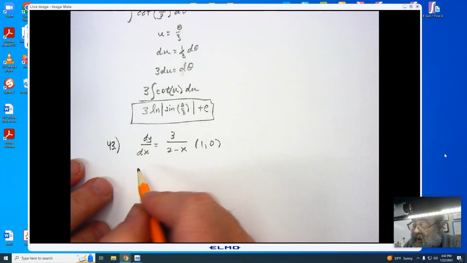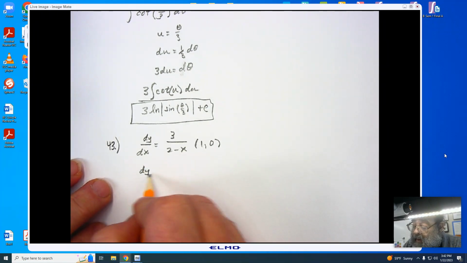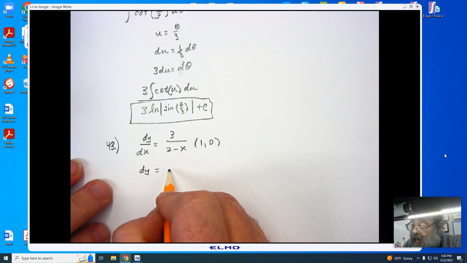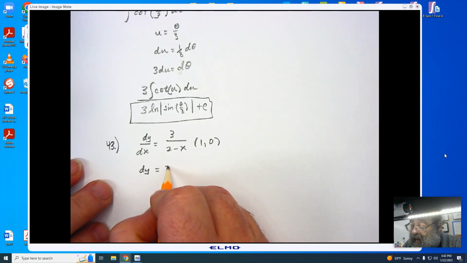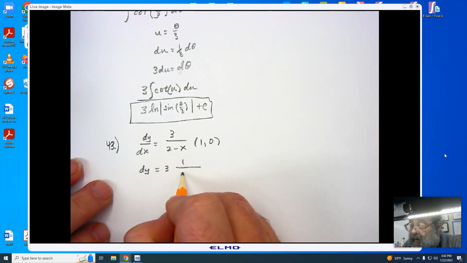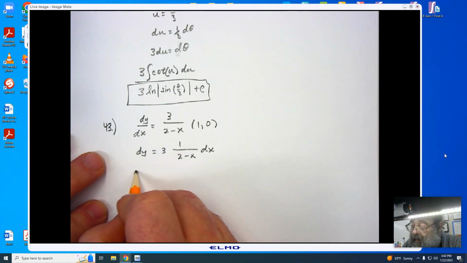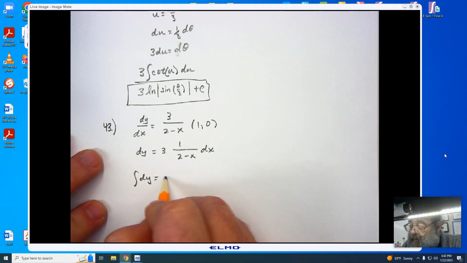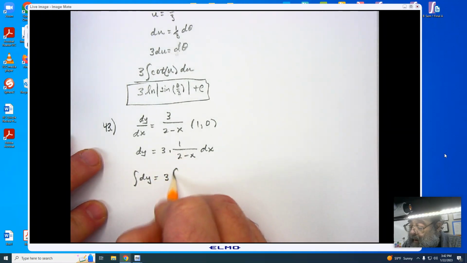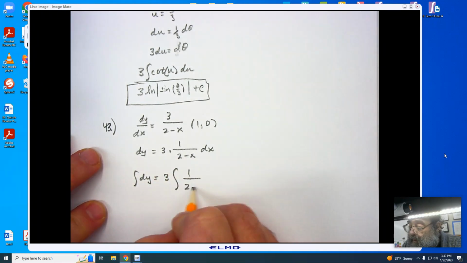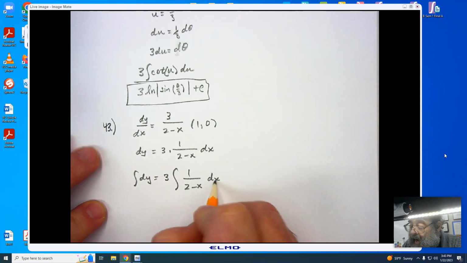Let's go ahead and start by separating our variables. dy equals 3 times 1 over 2 minus x dx, so dy equals 3 times 1 over 2 minus x, with a negative dx.